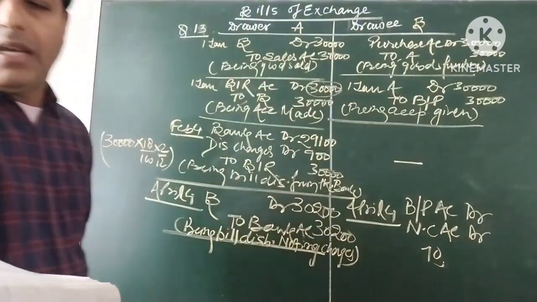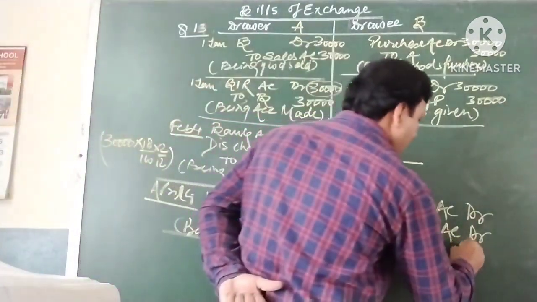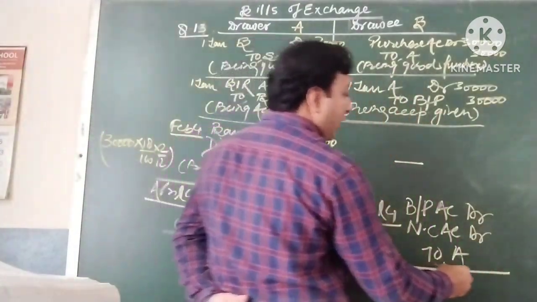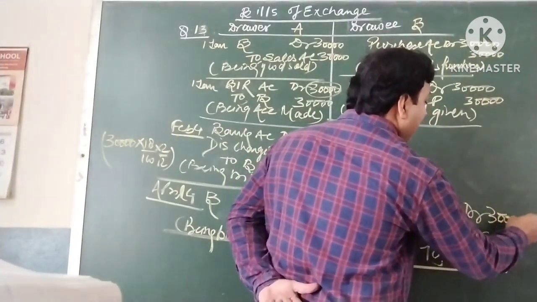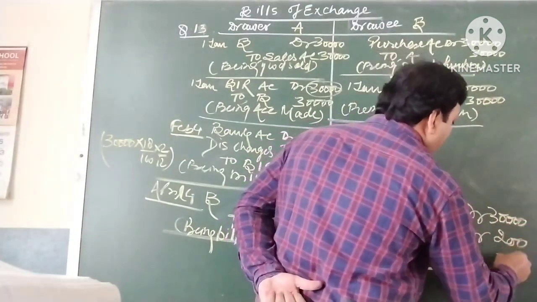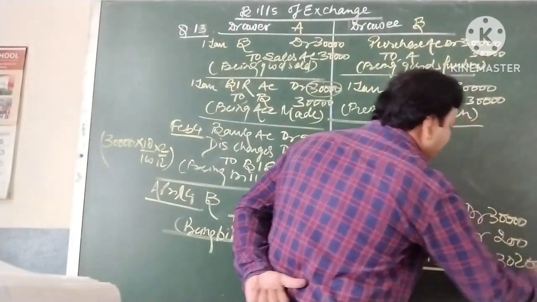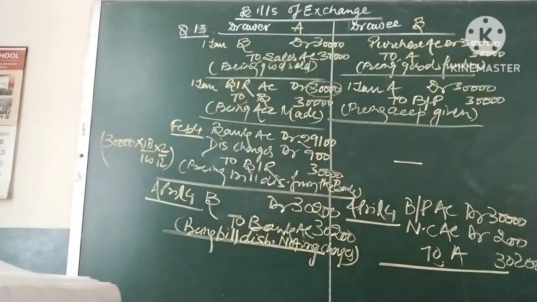To Mr. A. Being bill dishonored. So what is the bill amount? 30,000, 200. The total will be 30,200 rupees. Is it? I think it is very clear?